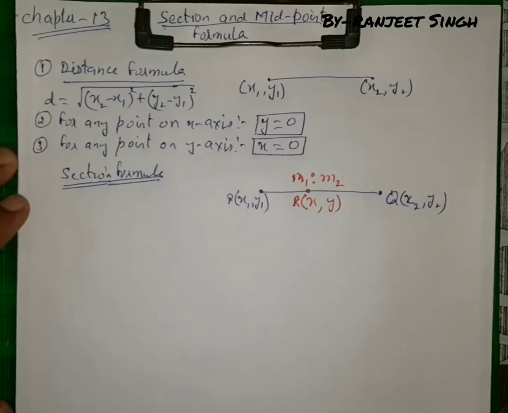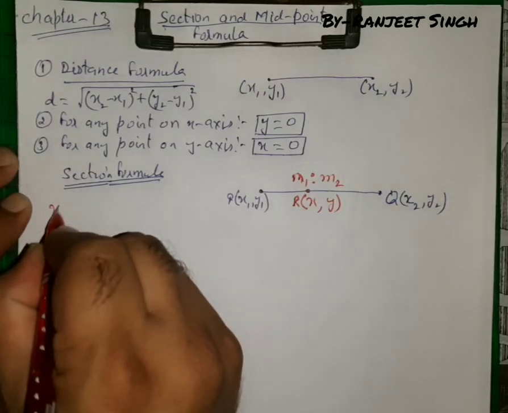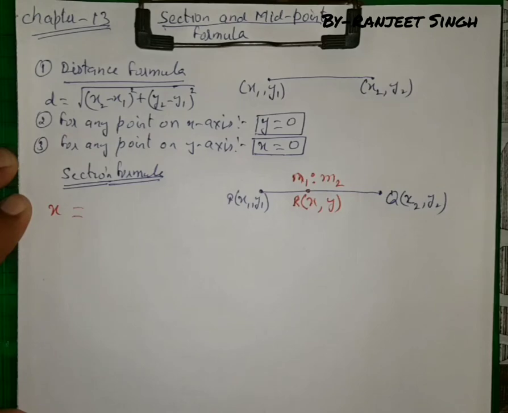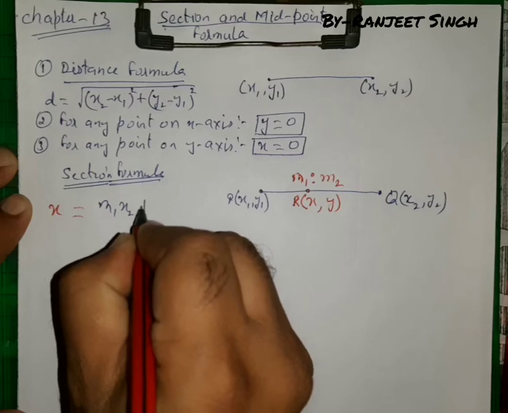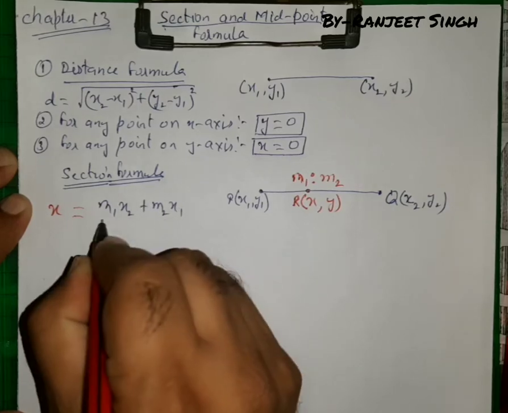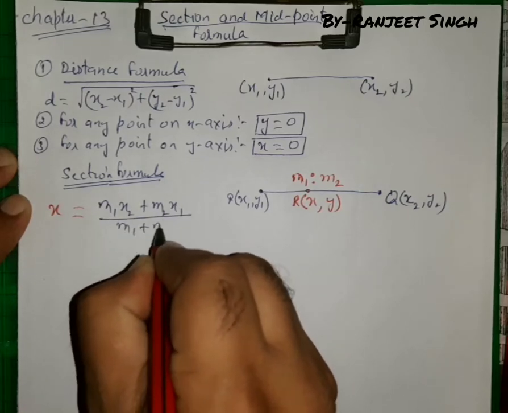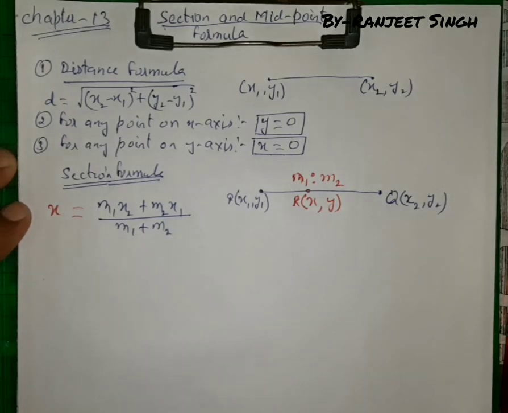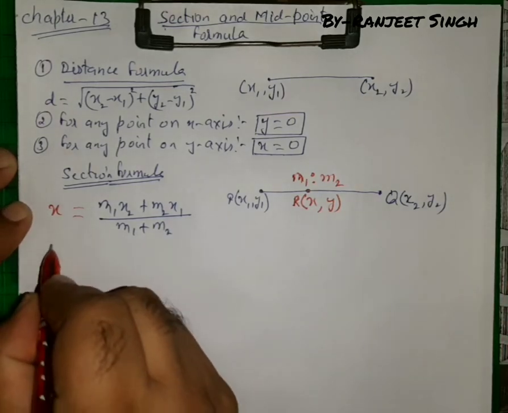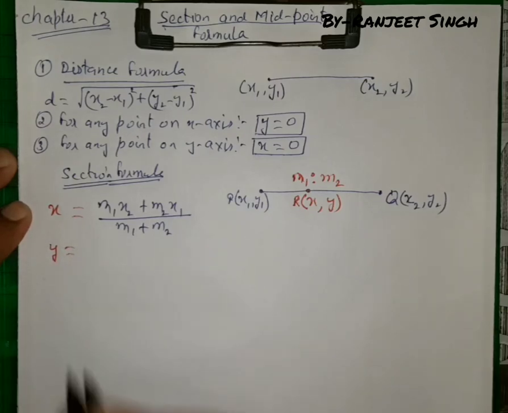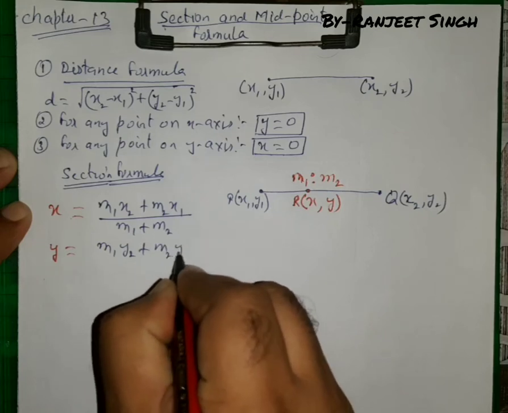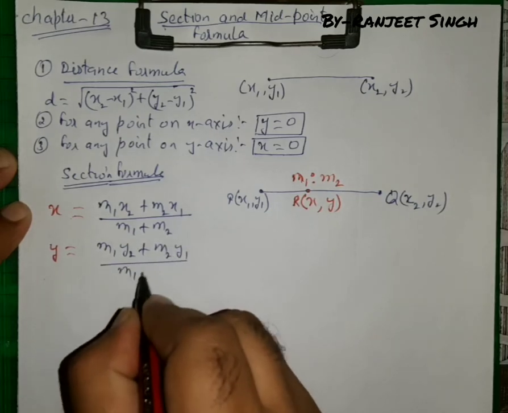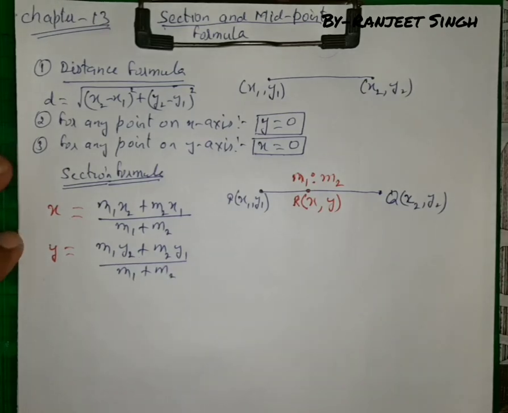And the section formula says that the coordinate x will be equal to, cross multiplying, m1 x2 plus m2 x1 divided by m1 plus m2, and the coordinate y is given by m1 y2 plus m2 y1 over m1 plus m2. So this is called the section formula.